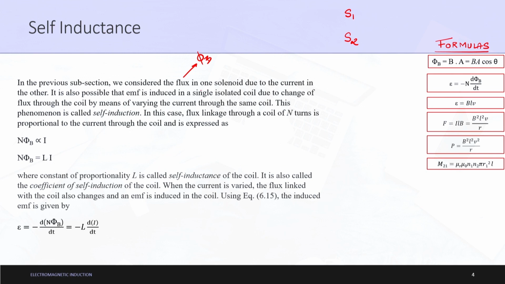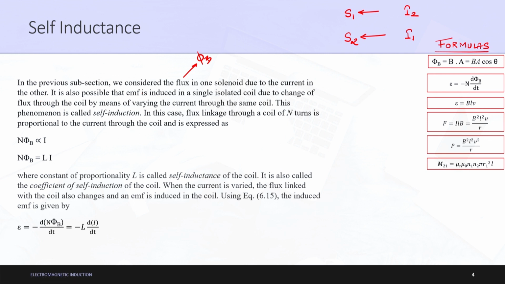We considered the flux in one solenoid due to the current in the other. If we are talking about the current I2, then the mutual inductance was discussed in solenoid S1. If we are talking about the current I1, then the solenoid we are talking about is S2.